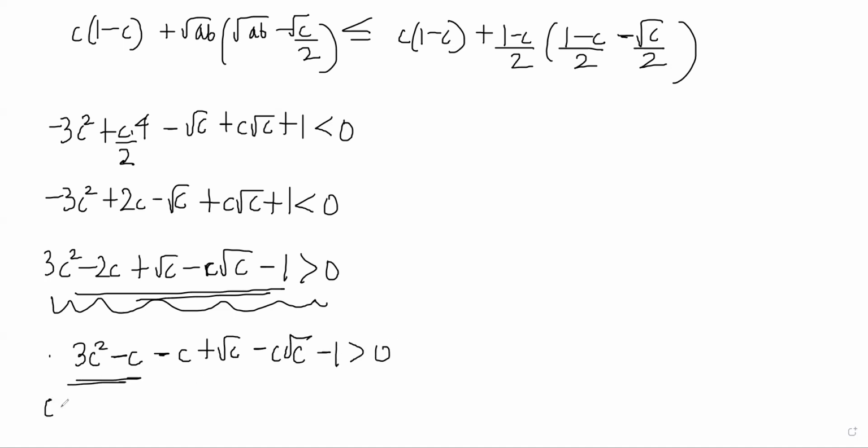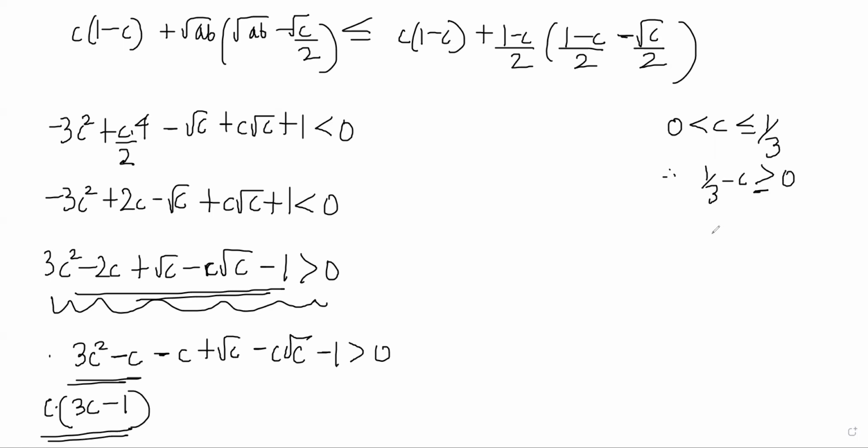This part is c times 3c minus 1, right? And I know that 0 is less than c is less than 1 by root 3. So therefore, 1 by 3 minus c is greater than 0. So we have 1 minus 3c by 3 is greater than equal to 0.